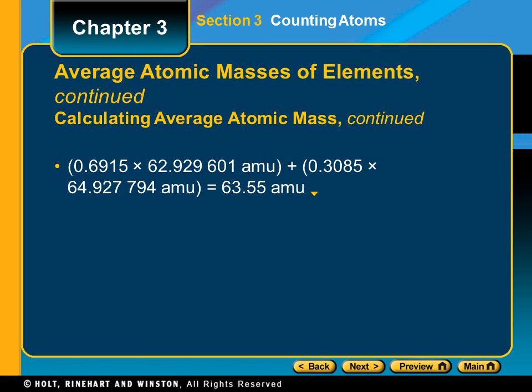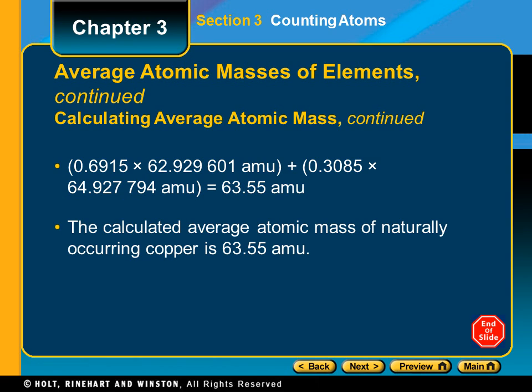When you do that, again, functionally, you do the multiplication first, then you add your two products, you get 63.55 AMUs as the average atomic mass of copper. So the calculated average atomic mass of naturally occurring copper is 63.55 AMUs.